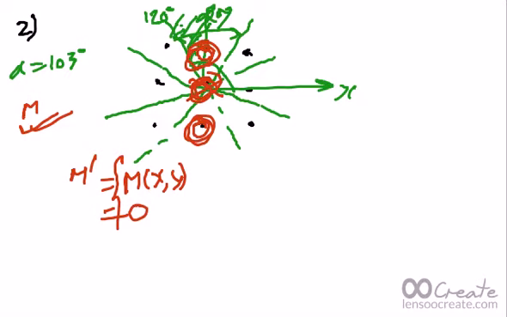So finally we have a third step in which we do hysteresis thresholding. In the previous step we found the m prime value for different points.